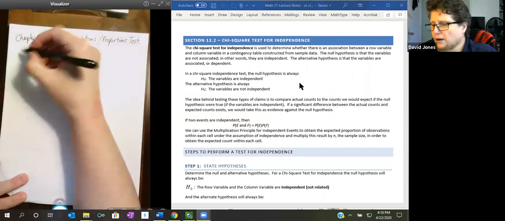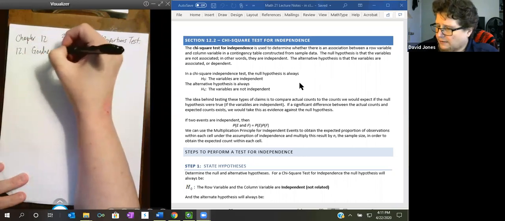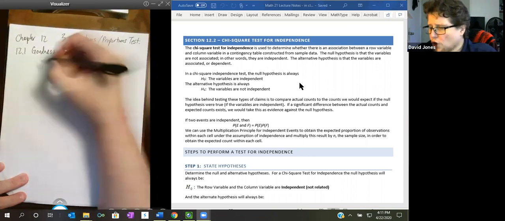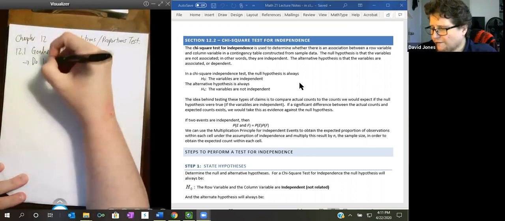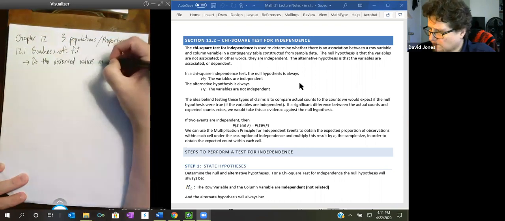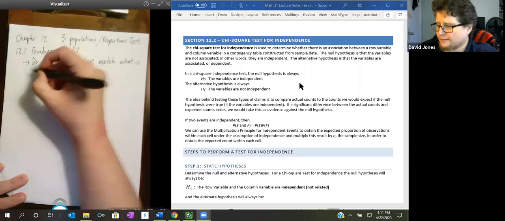And in 12.1, we did the goodness of fit. And recall that was, do the observed values match what we expected for multiple populations? What is expected based on the proportions?